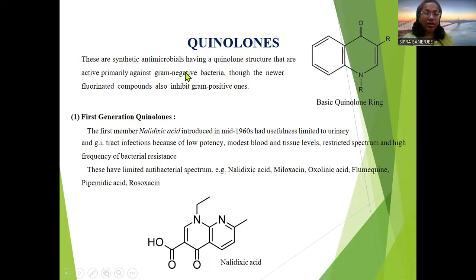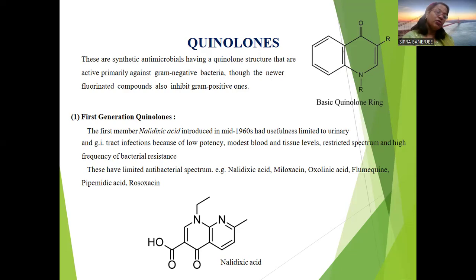These are synthetic antibacterials having a quinolone structure that are primarily used against gram-negative bacteria, though the newer fluorinated compounds also inhibit gram-positive bacteria. Some fluorinated compounds can inhibit these urinary tract infecting microbes also.